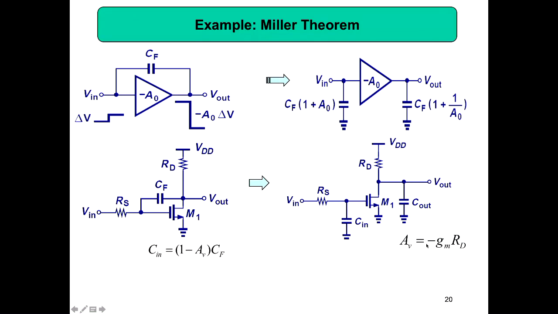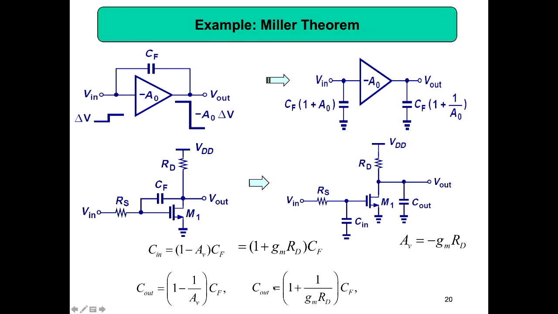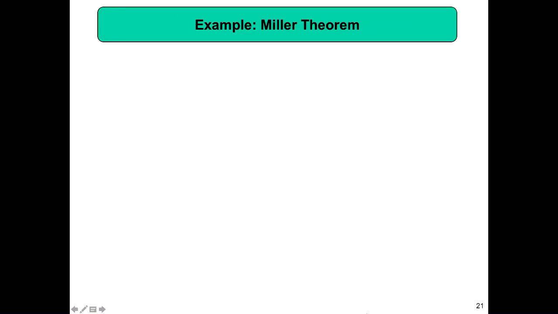Then AV is minus GM into RD for this common source amplifier. So you can substitute, C in equals 1 plus GM into RD into CF. C out, the output capacitance, is equal to 1 minus 1 by AV into CF, which we already derived by Miller's theorem. Substitute AV equal to minus GM into RD, C out is equal to 1 plus 1 by GM RD into CF. So you already got it.